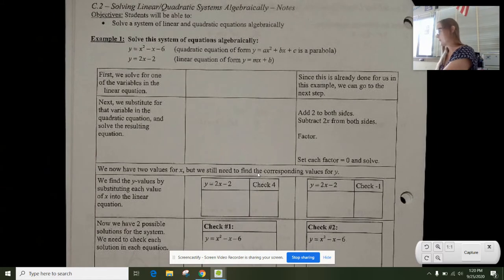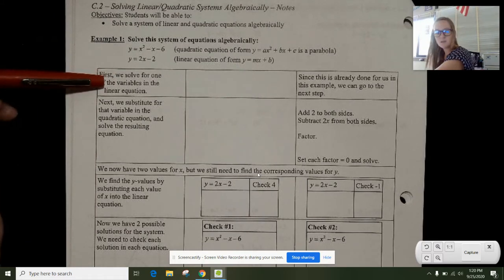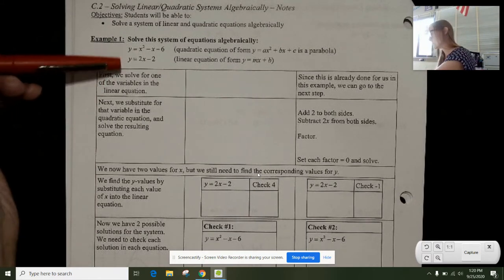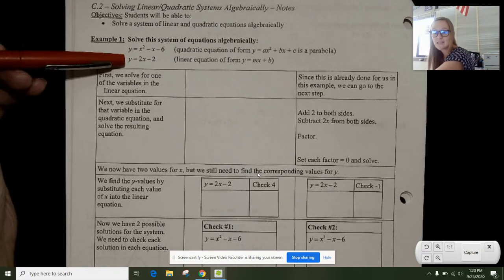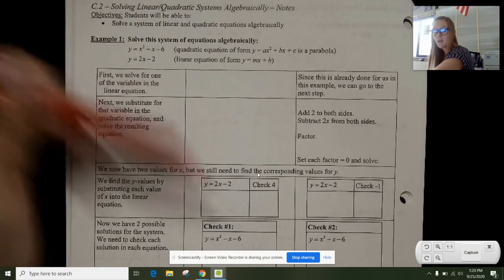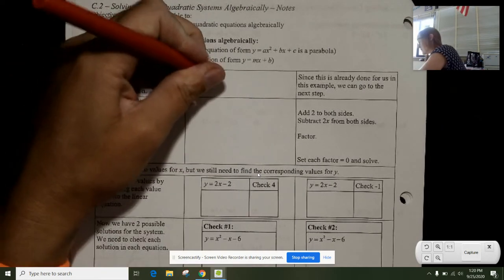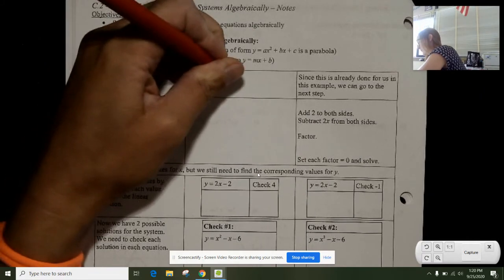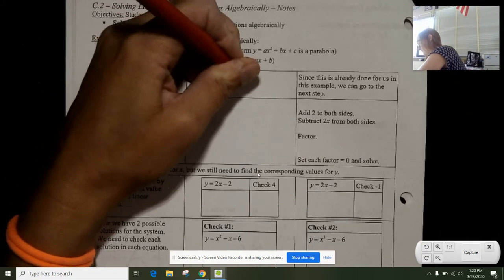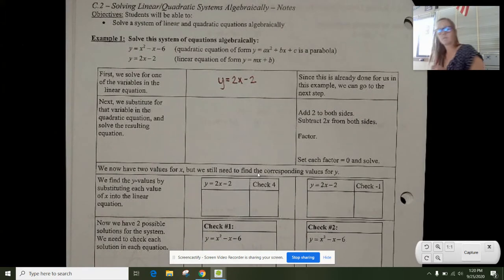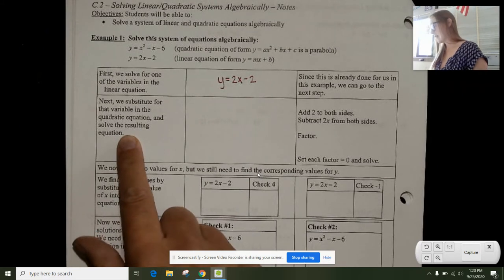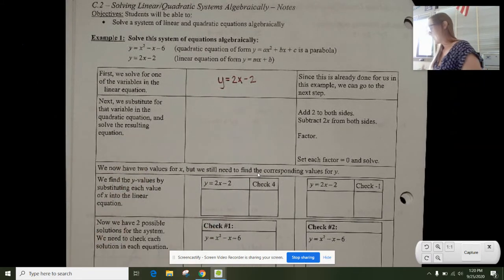So first, we solve for one of the variables in the linear equation. So here's our linear equation, and this step is already done for us. So I have y equals 2x minus 2. Already solved for me. Next, we substitute that variable into the quadratic equation, and we solve the resulting equation.